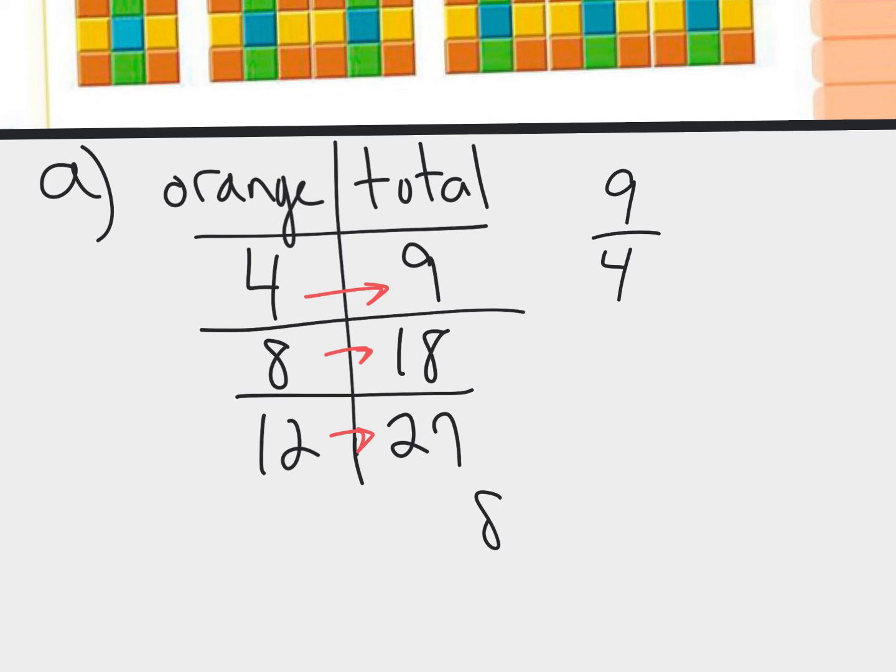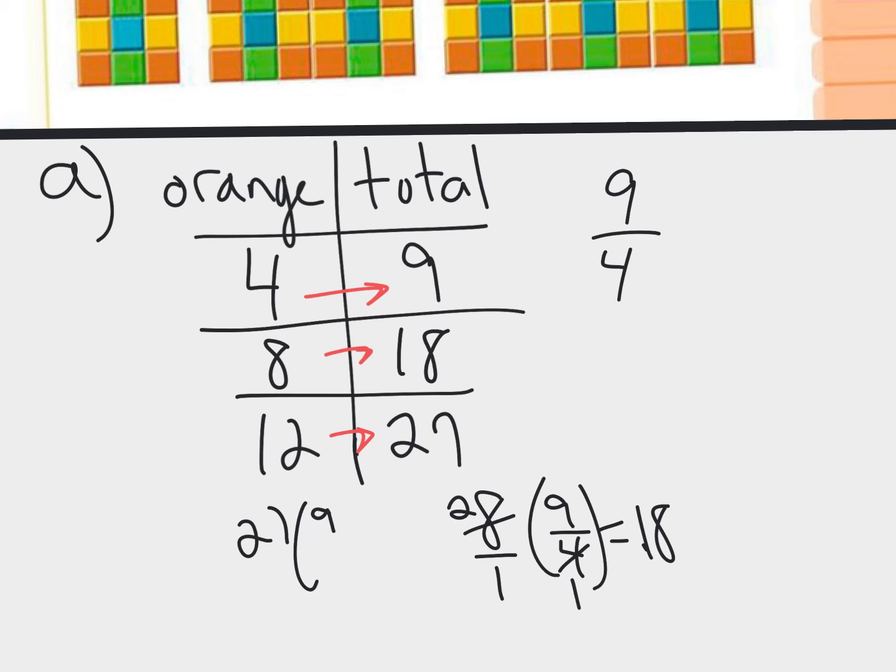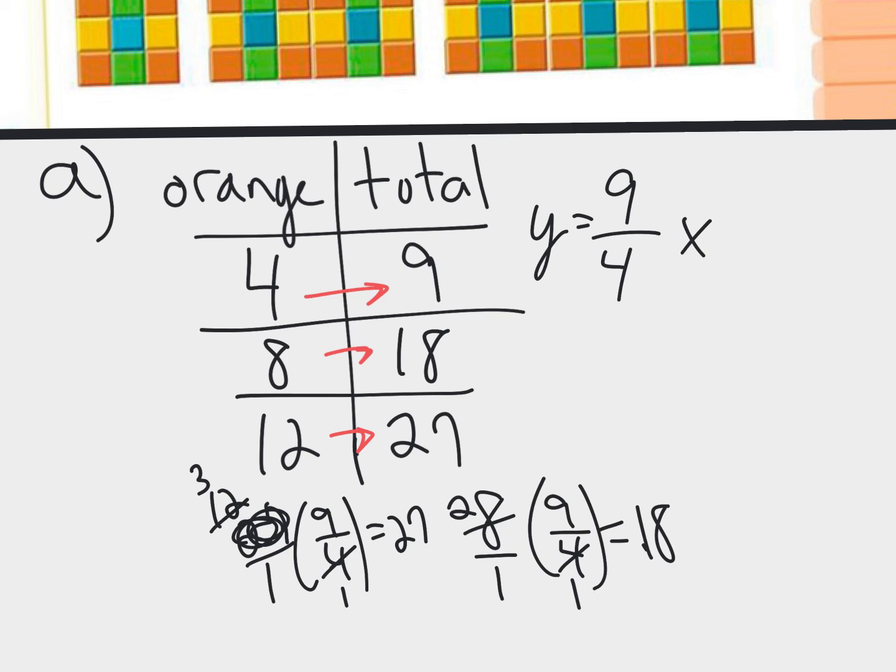See if that works with the second one. If we have 8 and we multiply that by 9/4, you can reduce that and you get 18. You do the third one, I'm sorry, you got 12 times 9/4, starting in the wrong spot there, and you would get 27. So that pattern does work. So that tells us that y is equal to 9/4 times x would be an equation that we could use.